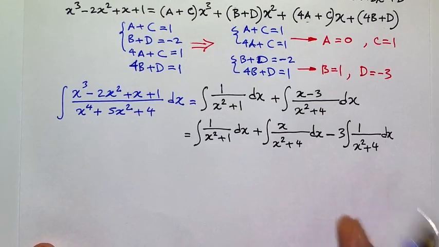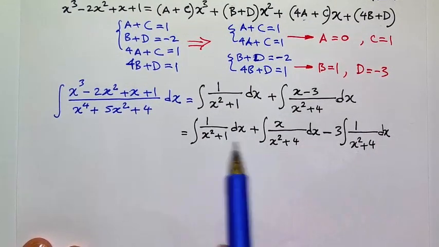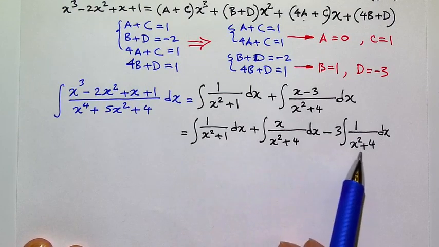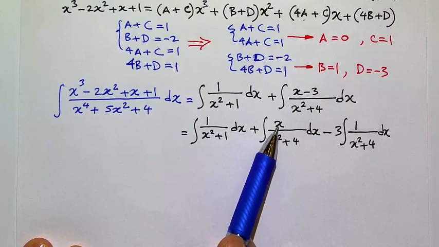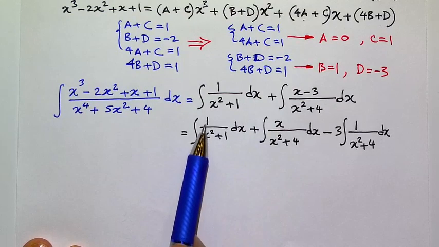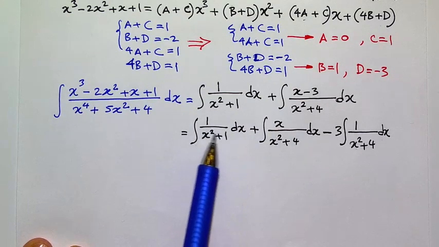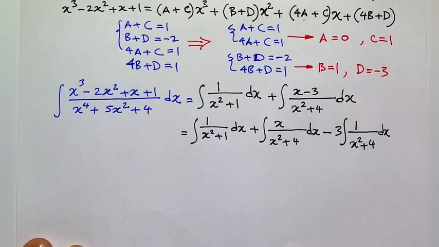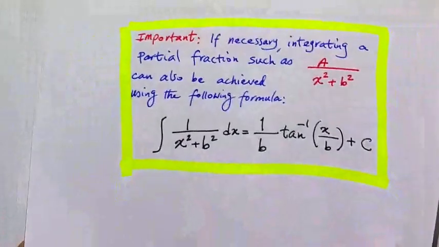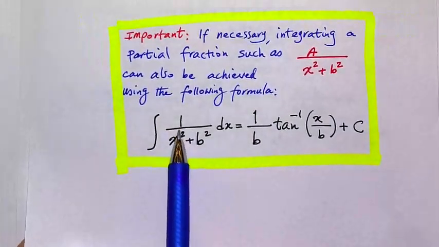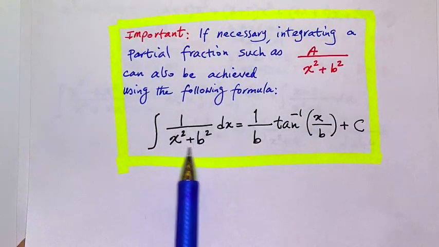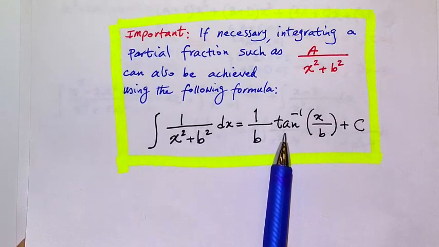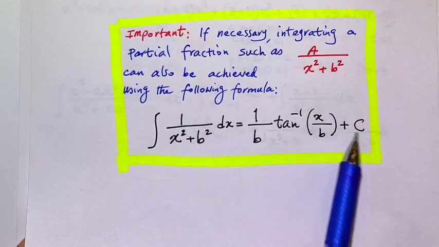So just a reminder that for these two, this one and that one, and not this one, because this one has an x in the numerator, but when you have a constant divided by a quadratic term like this, and I want to remind you about this on the previous page, then the integral of that is 1 over b times inverse tangent of x over b plus c.